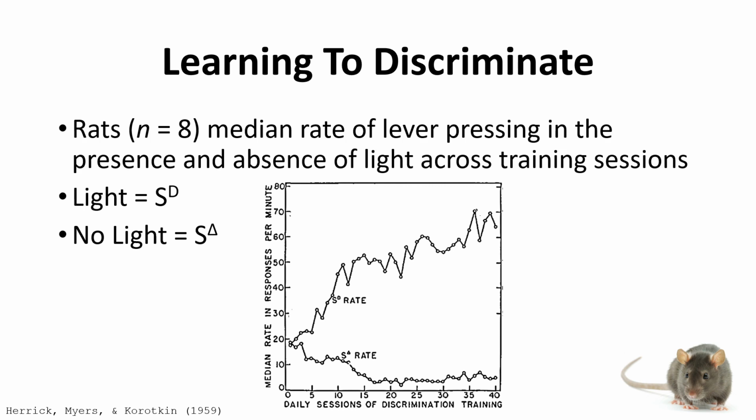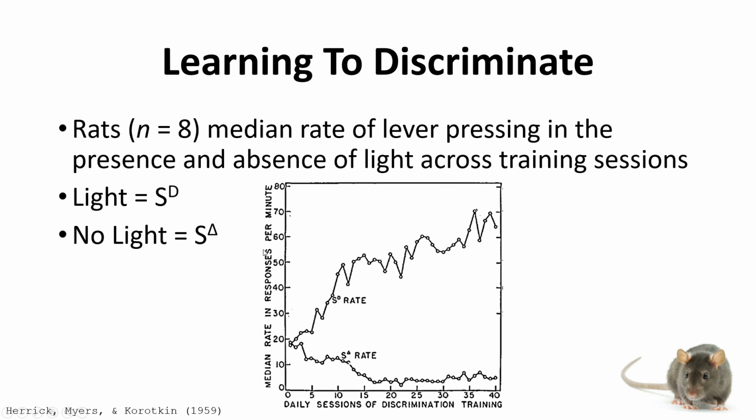So let's look at some real data where we can see animals learning to discriminate. So kind of like the setup that we talked about at the beginning with pigeons in the box where they have a green light and a red light. Now we're going to be looking at rats, and instead of pushing a button like the pigeon, the rats are pressing a lever.